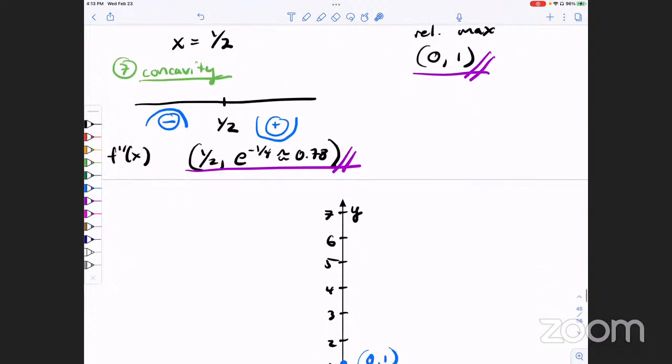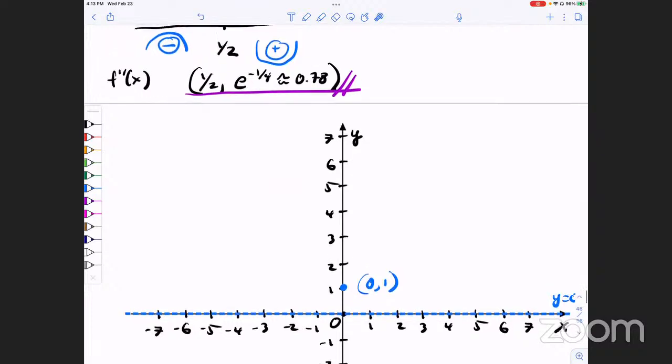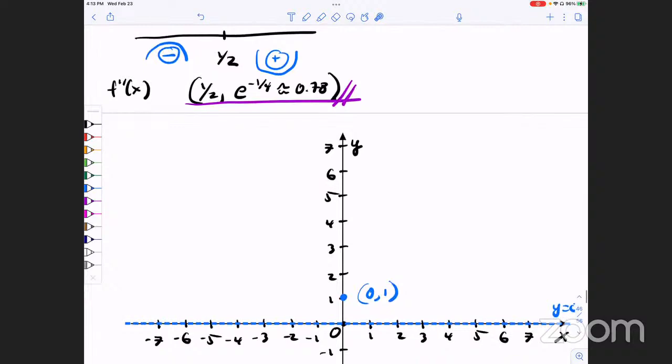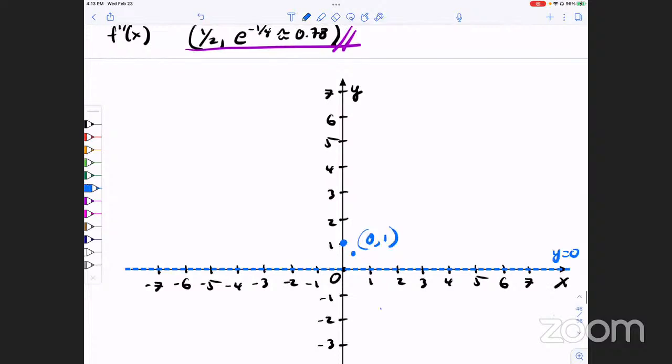We said we have a point of inflection at 1/2. So let's capture that: 1/2 and then 0.78. So (1/2, 0.78) is about here. Okay, I'm just going to go like this.